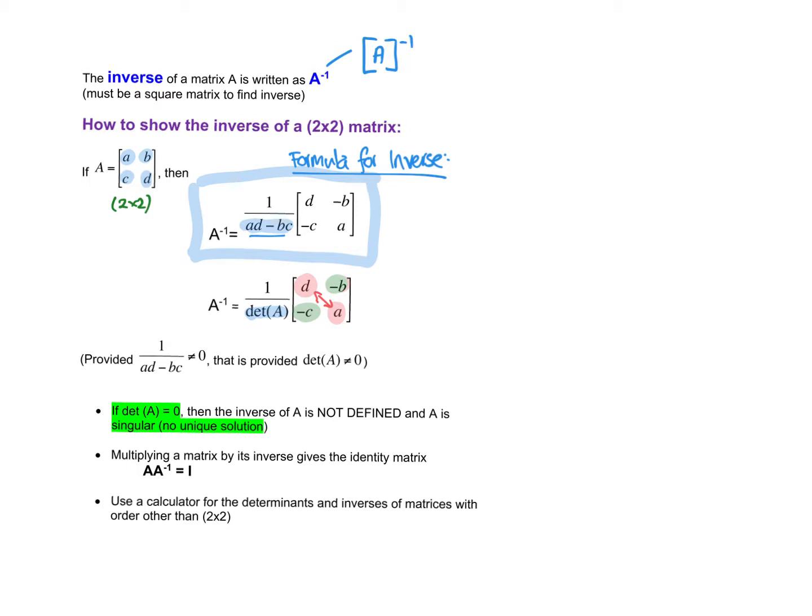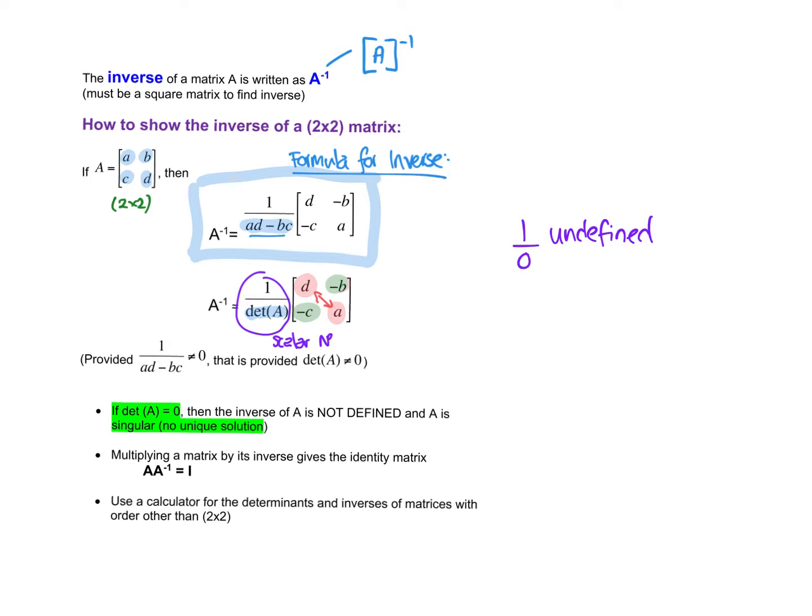Because we've got 1 over the determinant outside, this bit outside is like a scalar number on the outside. If that determinant equals 0, you can't have 1 divided by 0. That's undefined. If you try to do 1 divided by 0, it's undefined on your calculator.